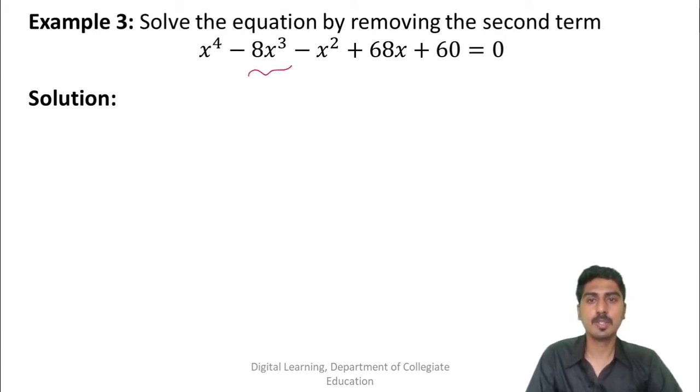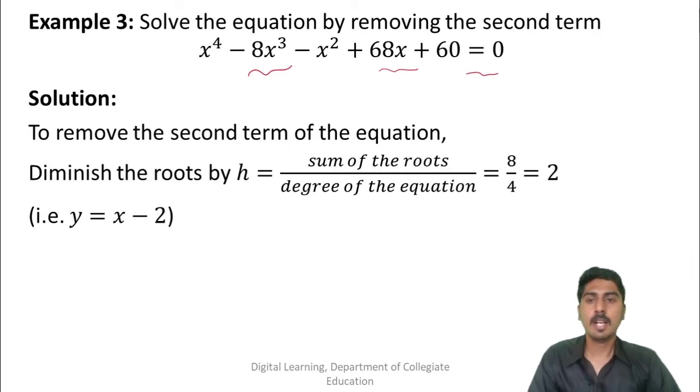Solve the equation x to the power of 4 minus 8x cube minus x square plus 68x plus 60 equal to 0 by removing the second term. First, to remove the second term, we have to diminish the roots of this equation by a quantity h. h is equal to the sum of the roots divided by the degree of the equation.